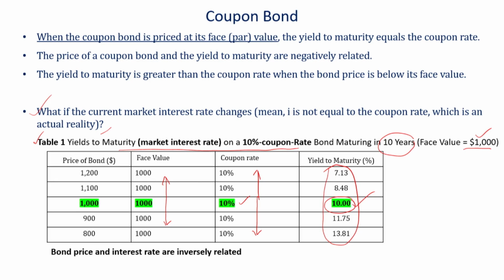Then when the market rate of interest declines, you can see that the bond price is going to increase. Read the first row: the face value is 1000 and the coupon rate is 10%, but the market rate of interest has now become 7.13.